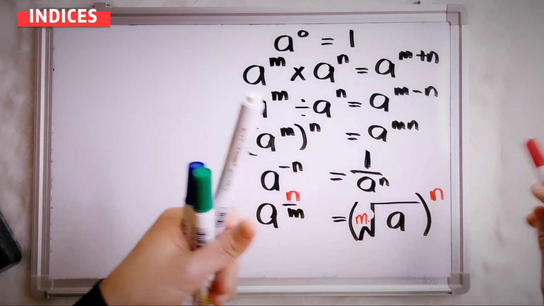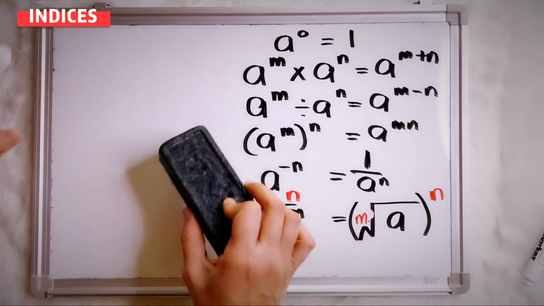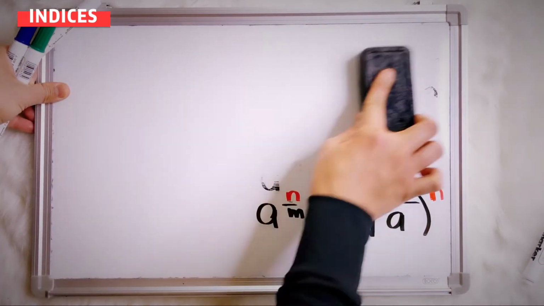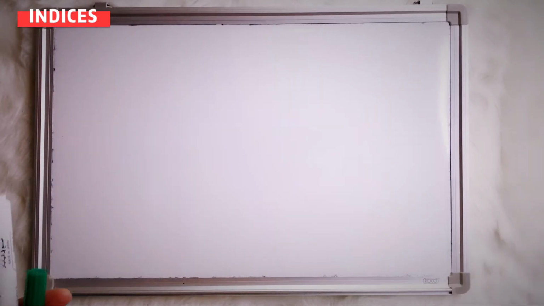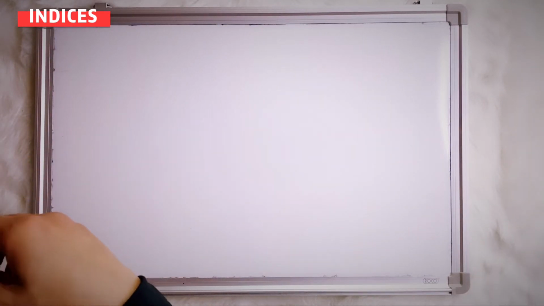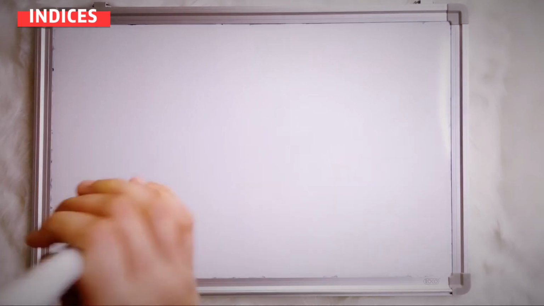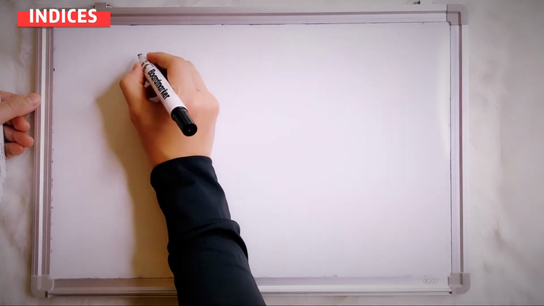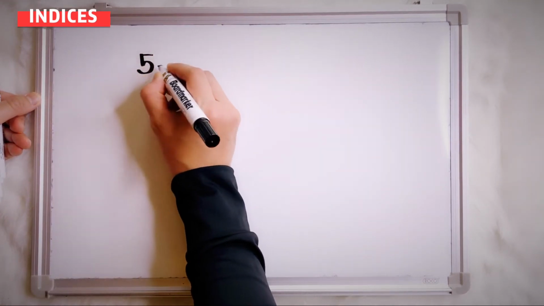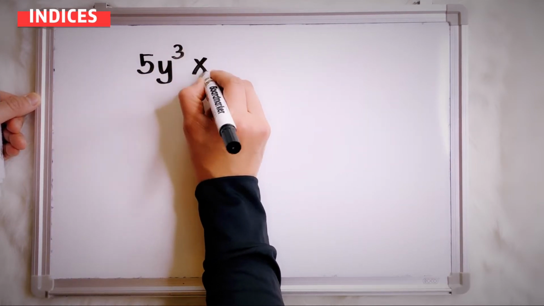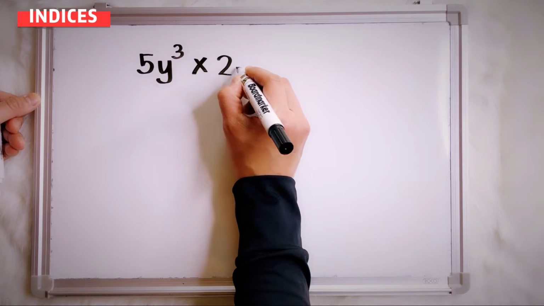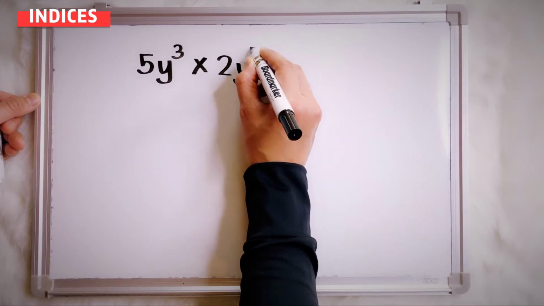Alright, now we proceed with the questions. Let's say I start with 5y power of 3 multiply 2y power of 2.